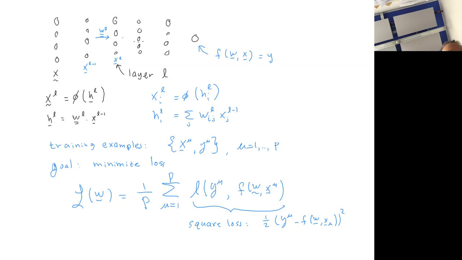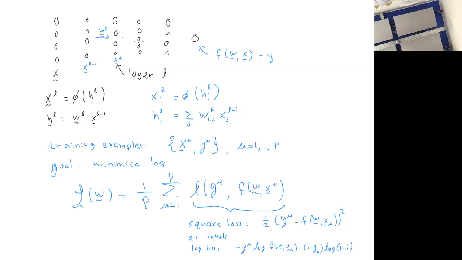And for labels, it might be log loss, if y^mu is 0 or 1, so 0, 1 labels. The output f in that case has to be between 0 and 1, and the loss, called log loss, is minus y^mu log f(W, x^mu), minus (1 minus y^mu) log (1 minus f).